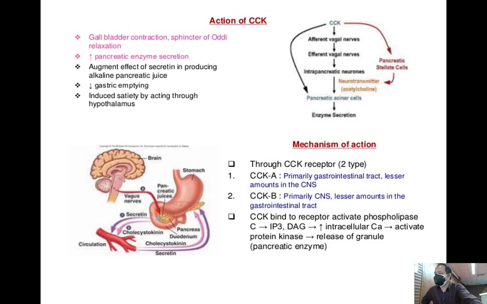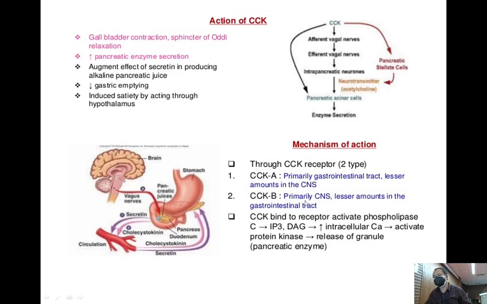Okay, so what is the mechanism of action of CCK? When it binds to the cell, it causes activation of phospholipase C, another enzyme which is present in the cell membrane. And what happens when this is activated?